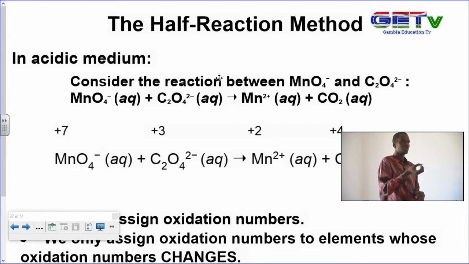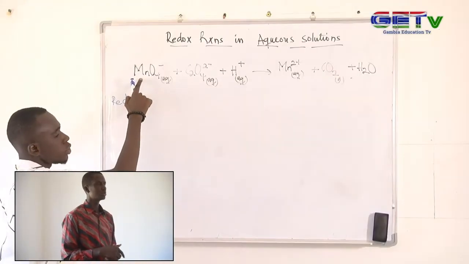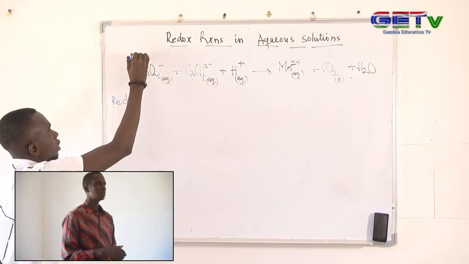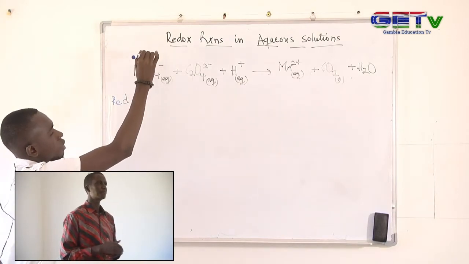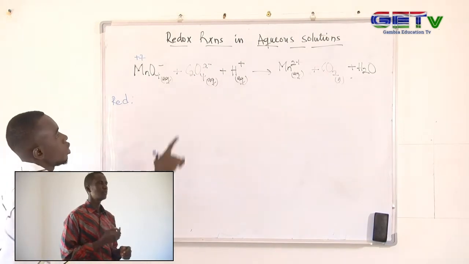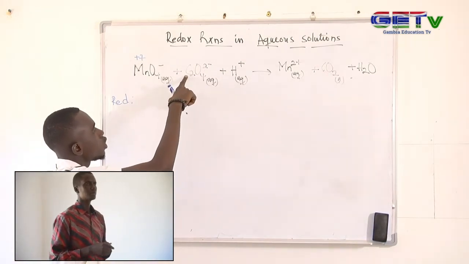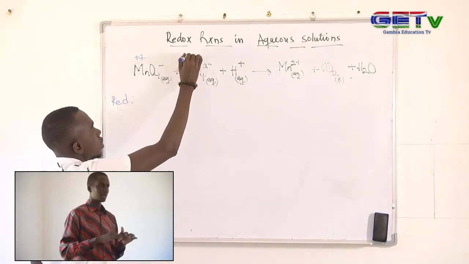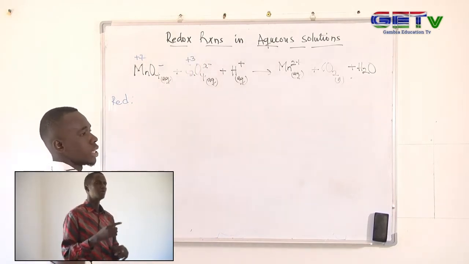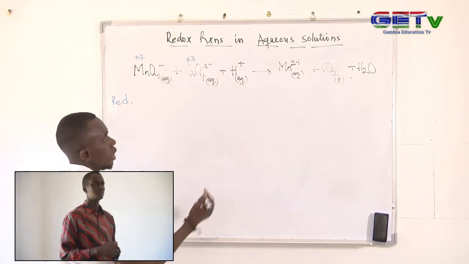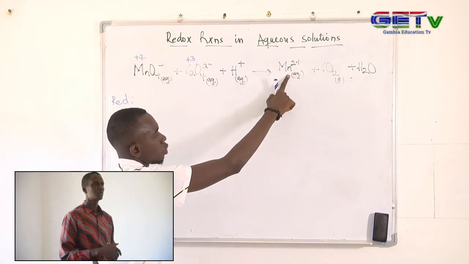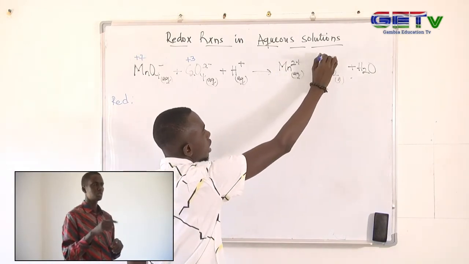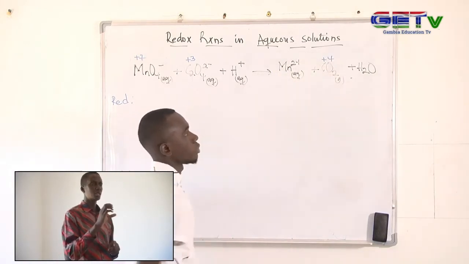Now here, if you calculate the oxidation number of manganese, you will have plus 7. You calculate the oxidation number of carbon in this case, you will have plus 3. Of course, manganese here is plus 2, and carbon in this case is plus 4.